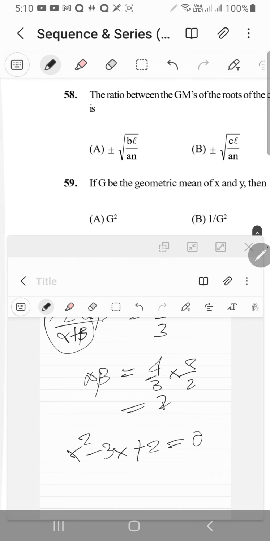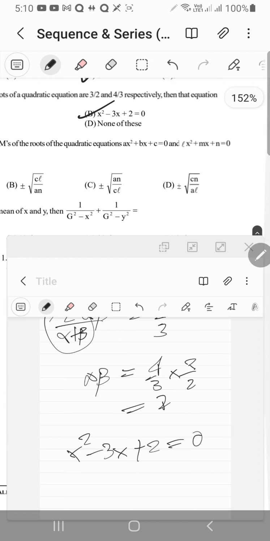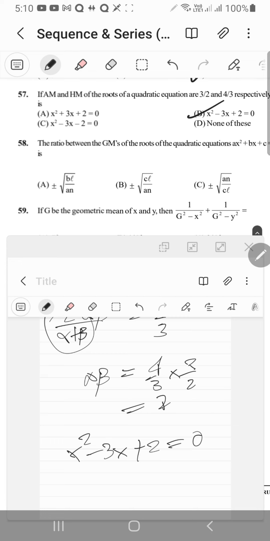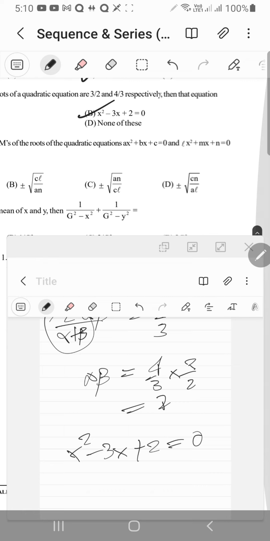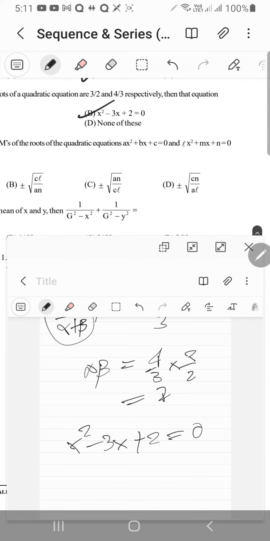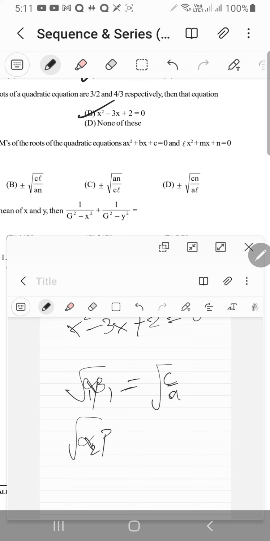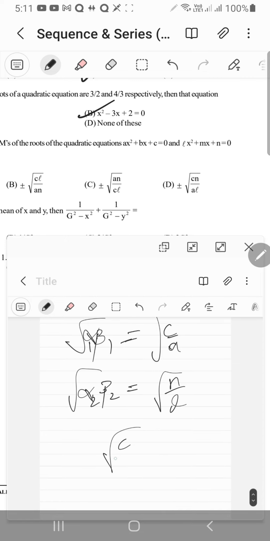Okay, cool. Next, the ratio between GMs of the roots of the quadratic equations. Okay, no big deal. Alpha beta, square root of that's just square root of C upon A. Alpha 1 beta 1, square root of alpha 2 beta 2, that's just square root of N upon L. The ratio of these would be square root of C upon A, L upon N. So CL upon AN.